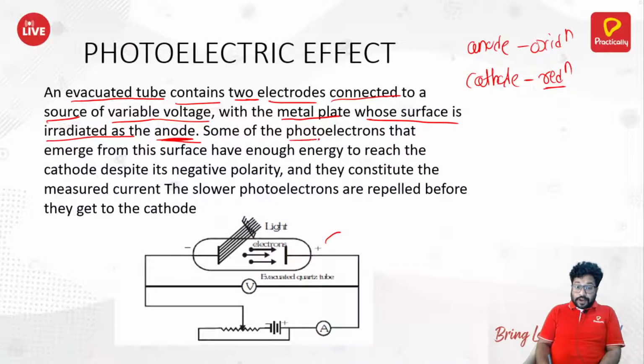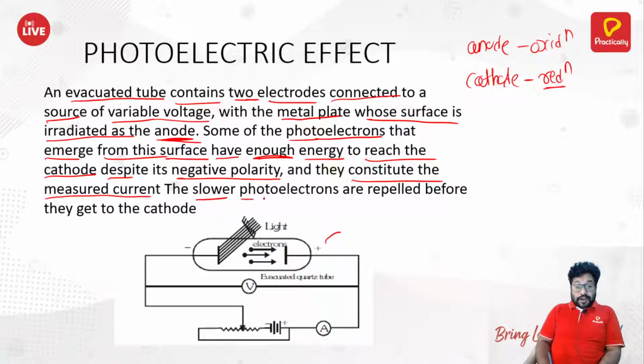Some of the photoelectrons that emerge from this surface have enough energy to reach the cathode despite its negative polarity, and they constitute the measured current.